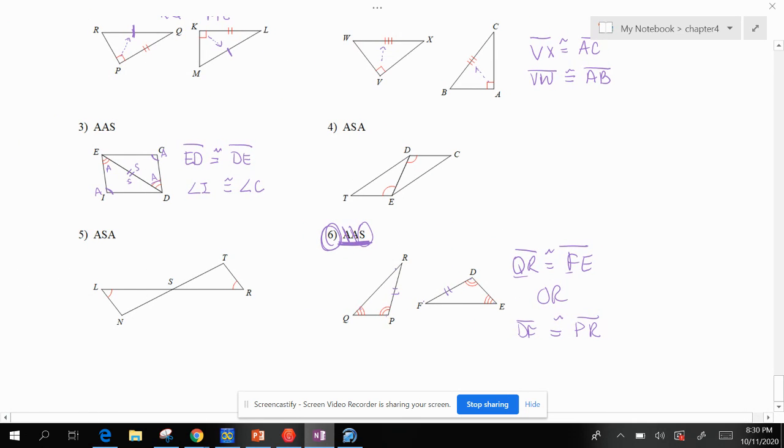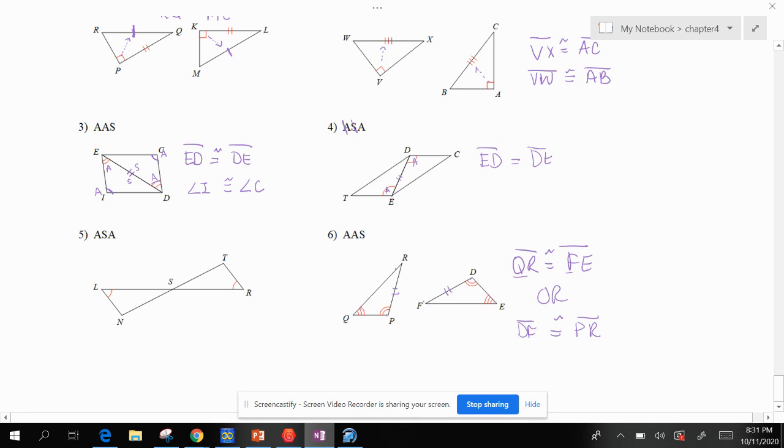All right, the last rule that we're going to prove is angle, side, angle. So in number 4, I have an angle that's already marked, congruent to this angle over here, so I can cross out an A. I know this side is going to be congruent because of the reflexive property, so I can add those tallies, and I'm going to write it. E to D for my triangle on the left is congruent to DE, my triangle on the right.